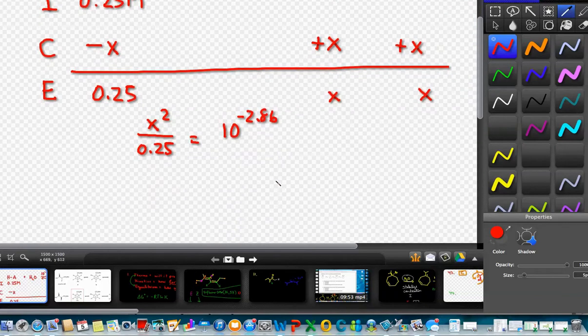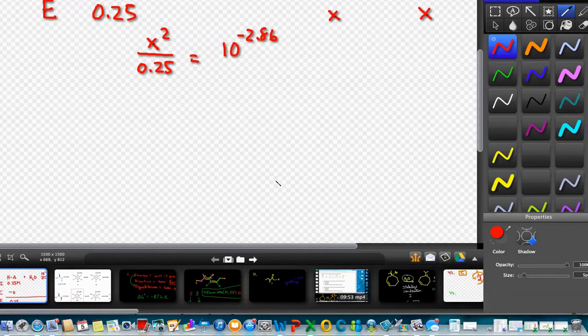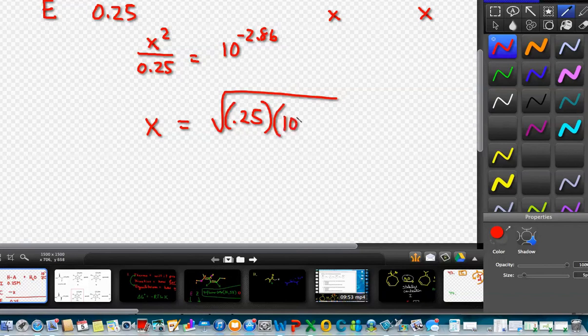Everything else now is just going to be mathematics. So X is going to equal the square root of 0.25 times 10 to the minus 2.86.